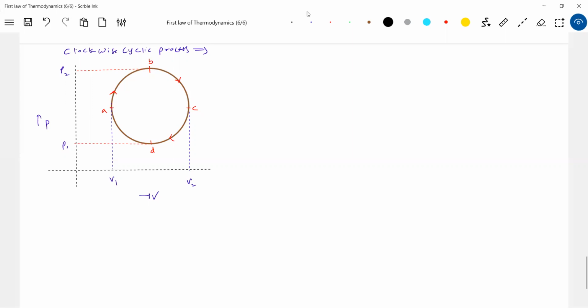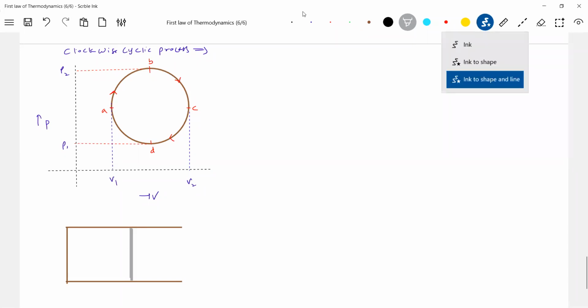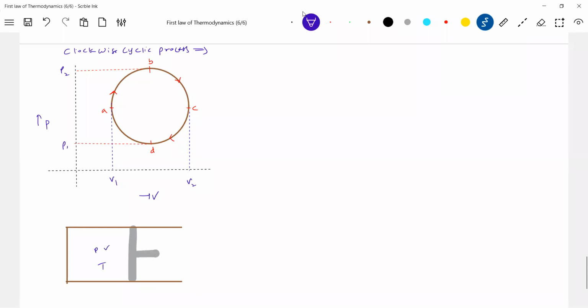What is our basic imagination? Again, the cylinder. Never deviate from that. You should have this imagination. There's a piston, and I am going to move it, so there's pressure, volume, temperature.